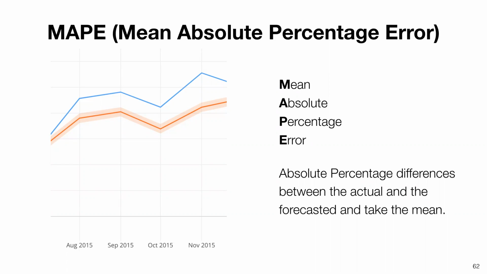Then the RMSE and MAE tend to be different between the North America market and the Asia market because the raw values are very different, right? So we can't really compare those two models, one for North America, one for Asia, because the scale is very different.